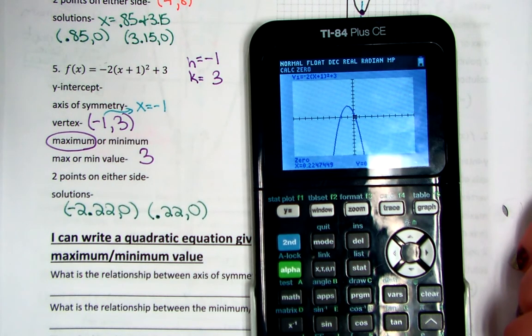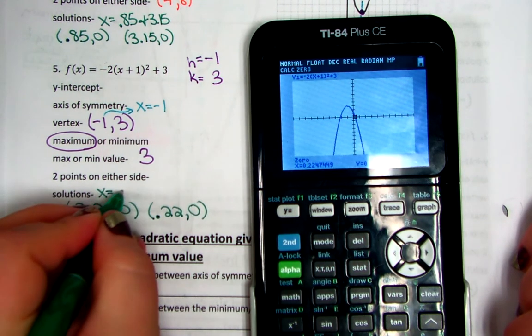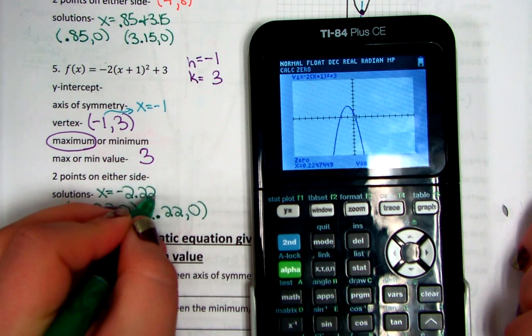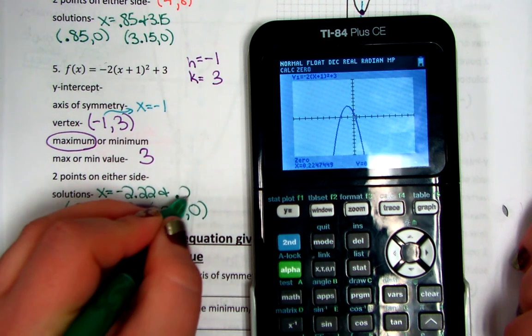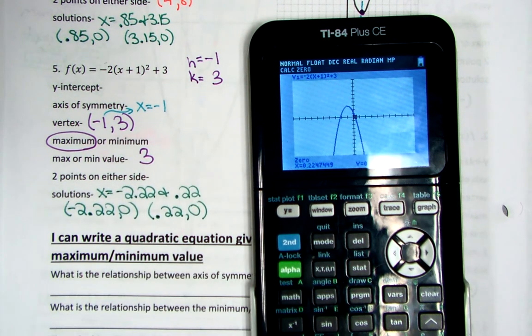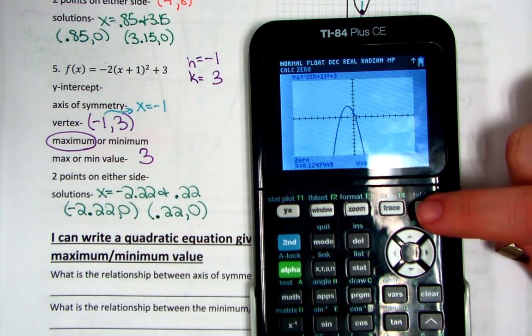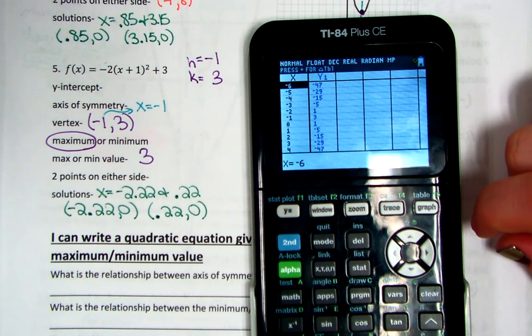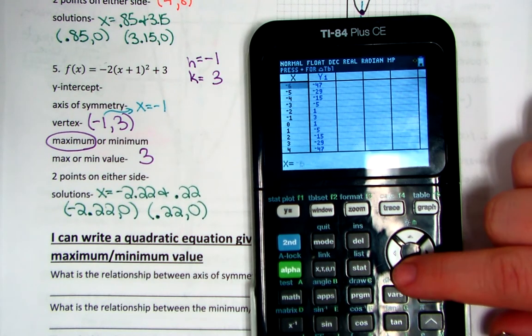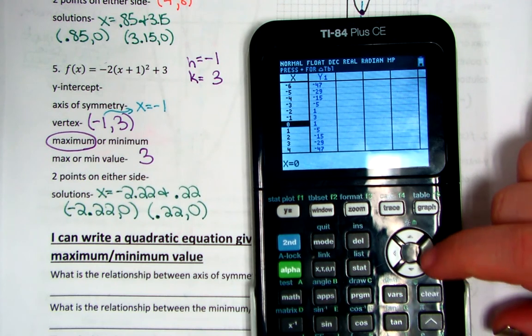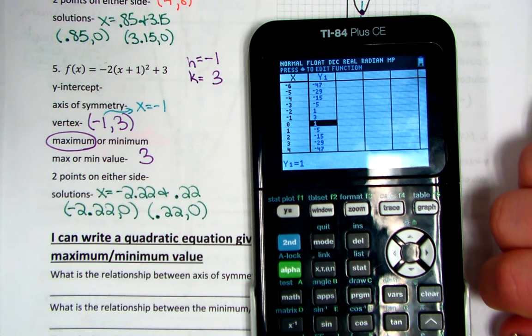So that means our solutions will be at x equals -2.22 and 0.22. Our y-intercept can be found from our graph or better yet, our table. So x equals 0 means that y is at 1.